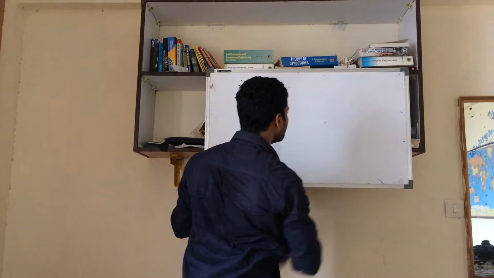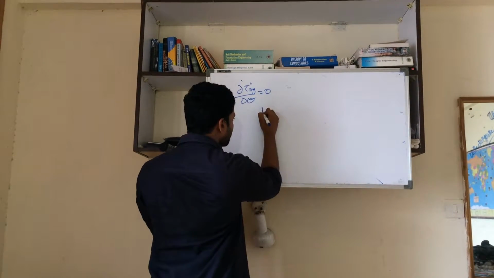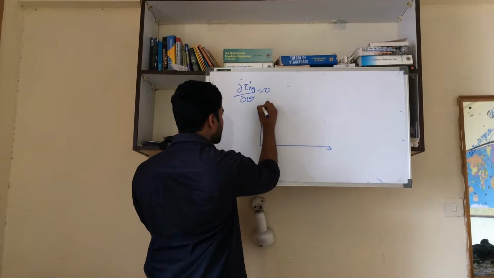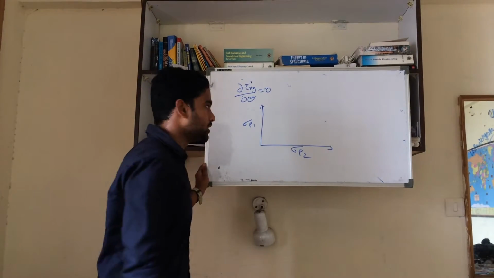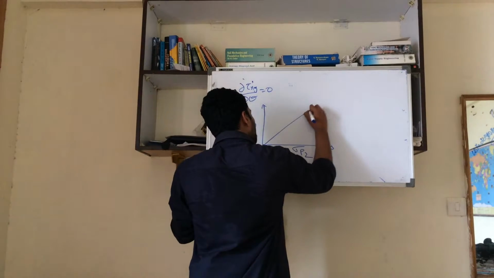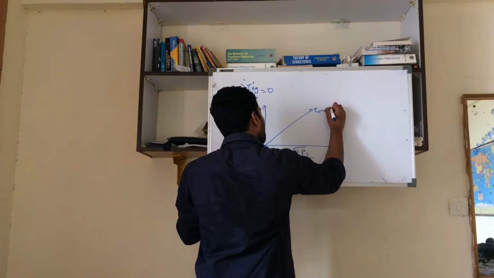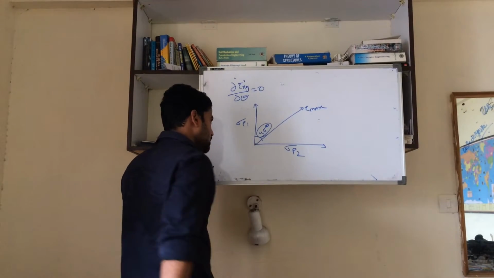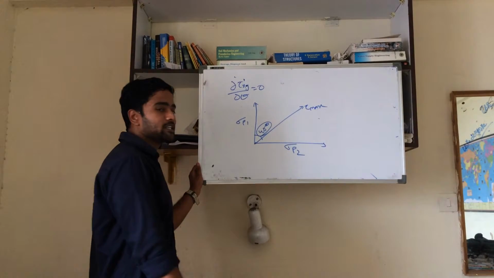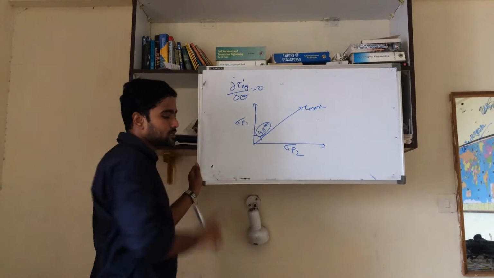If I consider the two principal planes, sigma p1 and sigma p2, which are 90 degrees to each other, I have now shown that the tau max plane will be at an angle of 45 degrees to these. So the tau max plane bisects sigma p1 and sigma p2.